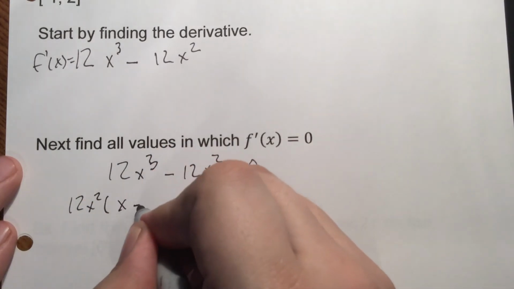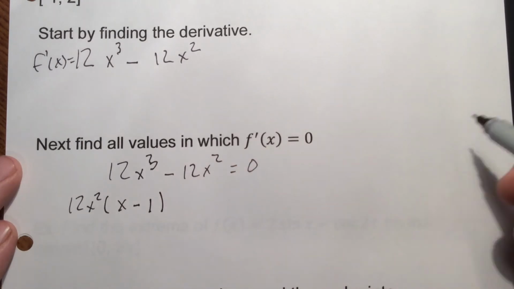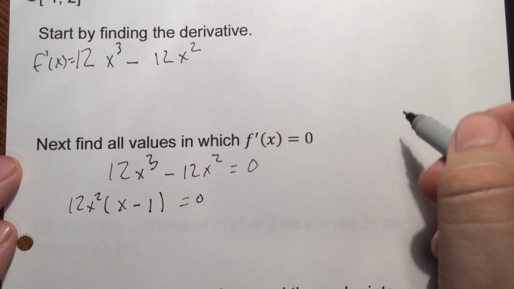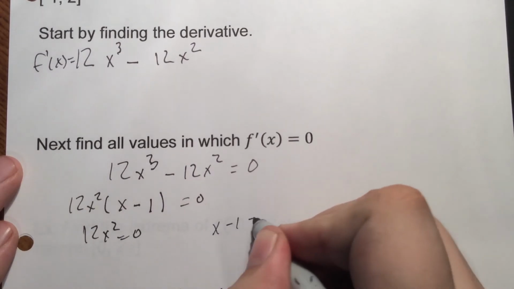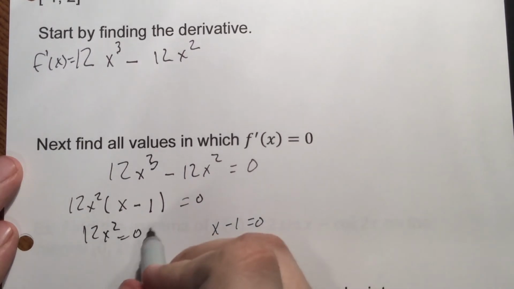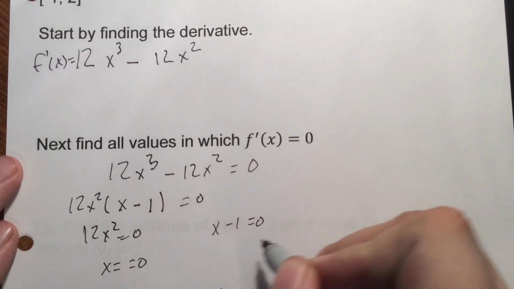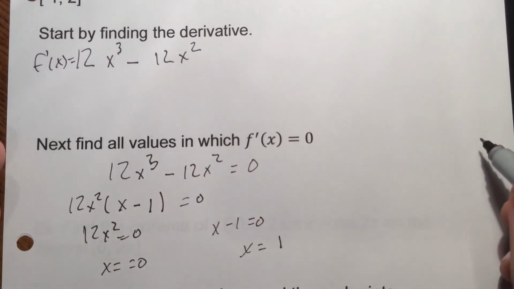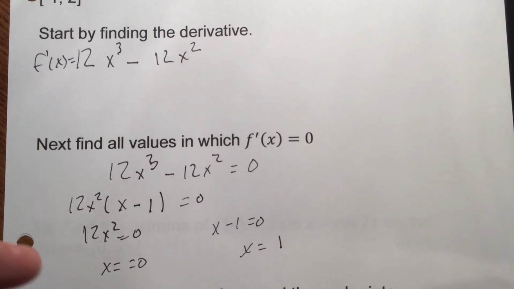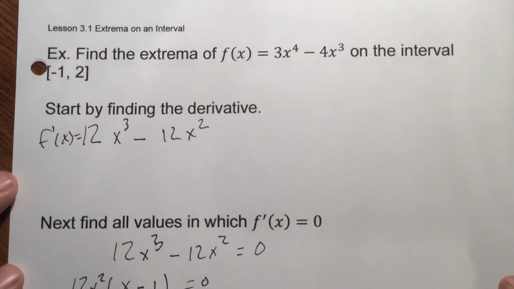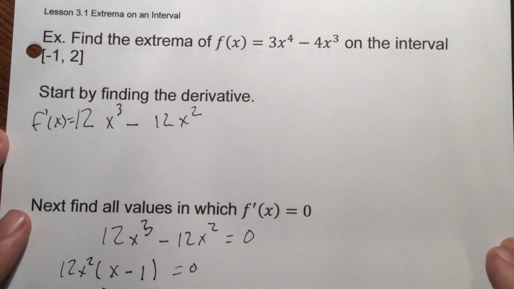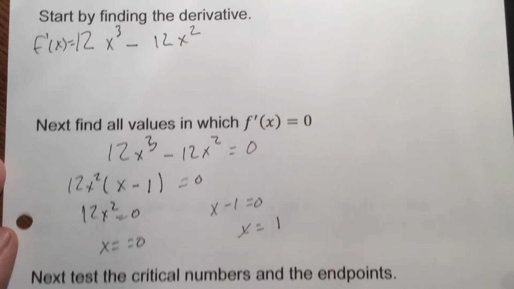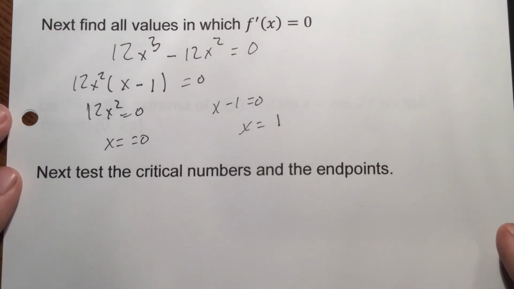That would leave us with x minus 1 inside, equal to 0. So 12x squared equals 0 and x minus 1 equals 0. So if we solve, x would equal 0 and x would equal 1. So these are going to be our critical numbers. There's really no place where we couldn't find the derivative, so in this case, these are going to be our only two. But we'll also check those endpoints too.